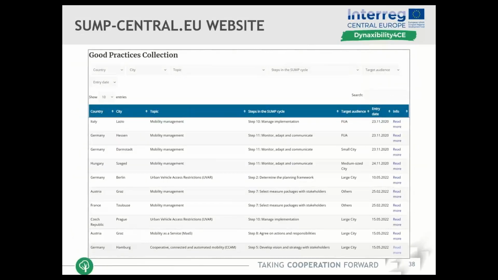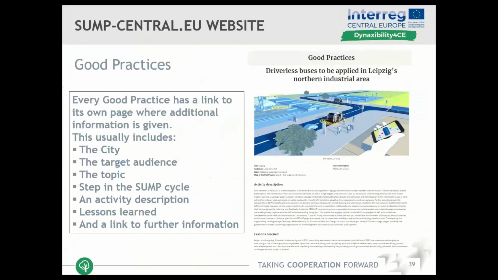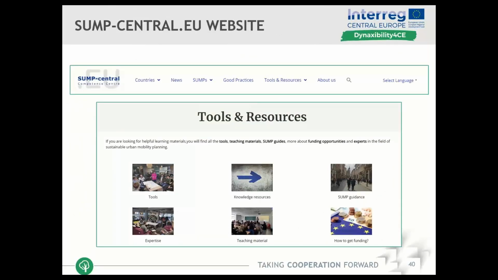So you can find information on each of those, and there's a really big good practice collection which can be useful to watch, over 40 good practices. And each of them has its own site with description and links to interesting information, as well as some tools and resources from guidance on how to get funding, SMP guidance, teaching material. For example, this training will be uploaded also there. So we'd invite you to have a look at it. All of our deliverables and tools will be available on the site as well.